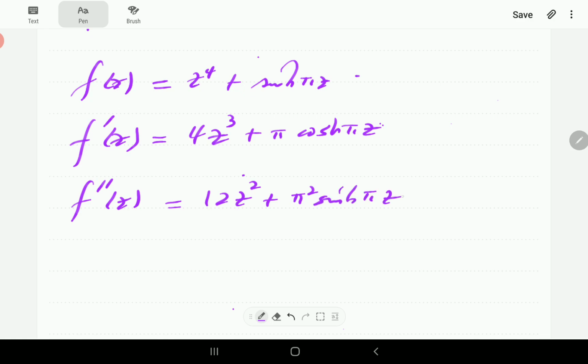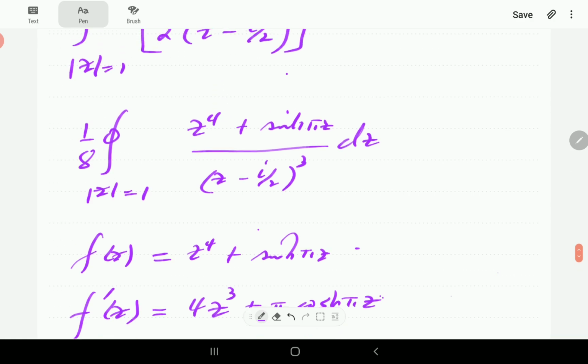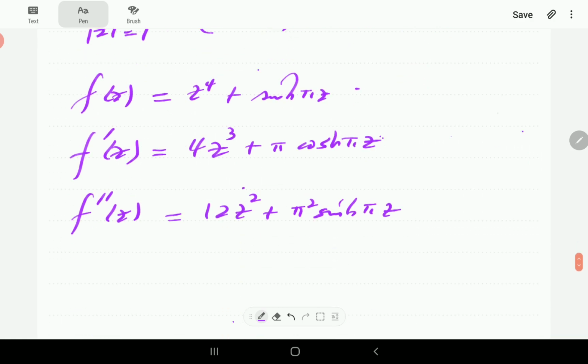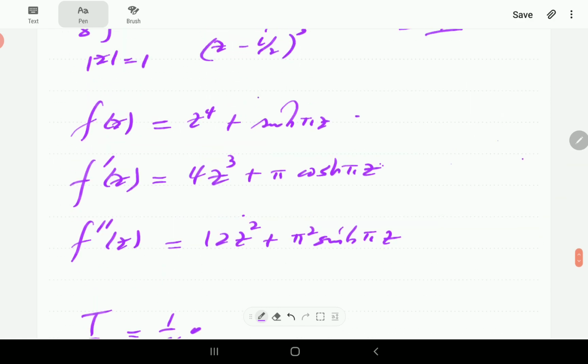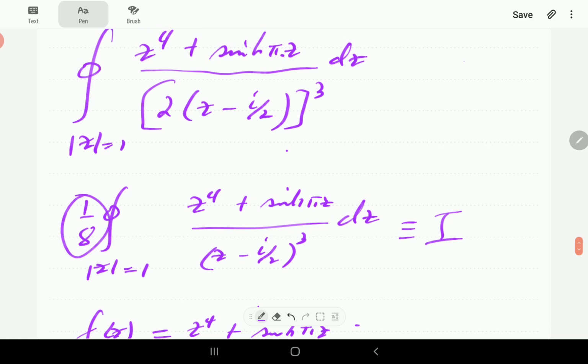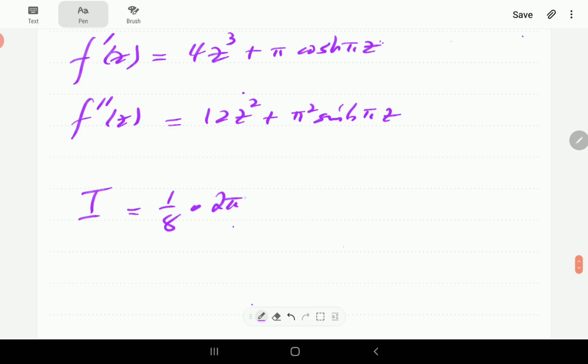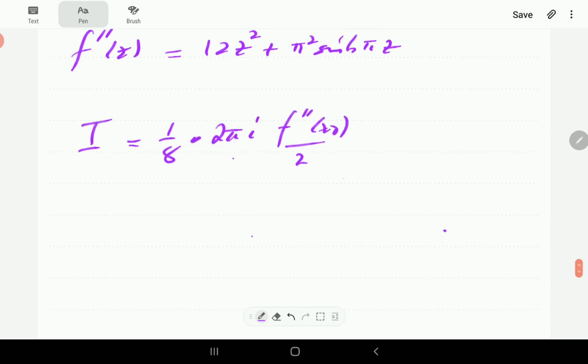pi squared hyperbolic sine pi z. So if we call this thing I, I is going to be 1 over 8, which is this 1 over 8 here, and then 2 pi i from the Cauchy's integral formula. Then it's going to be f double prime of z naught over 2 factorial.